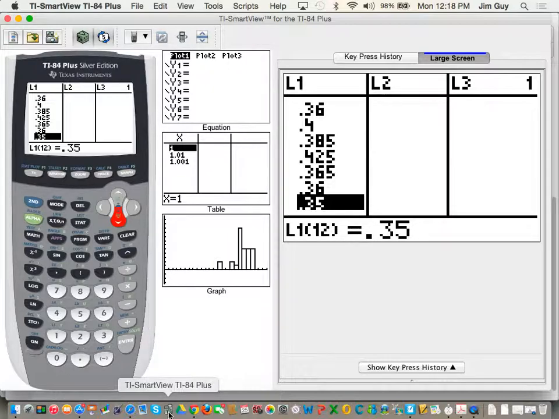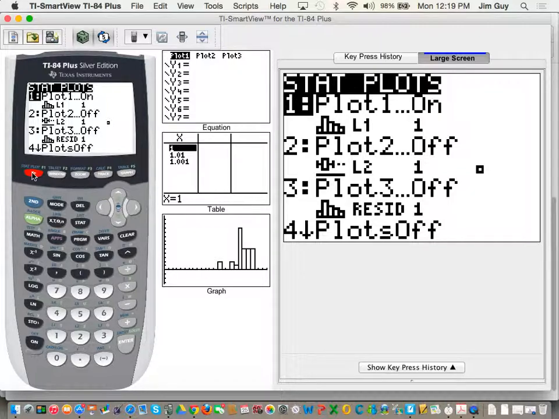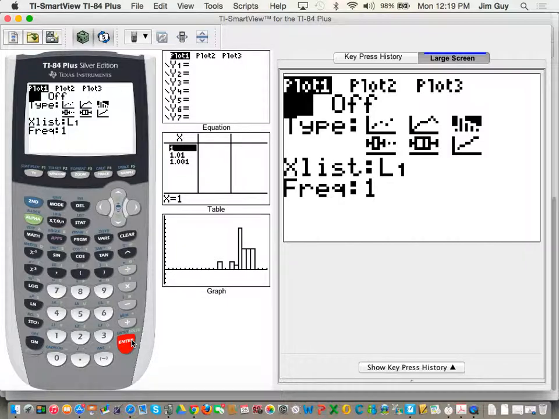Stat plot. So that's second Y equals, and then we're going to make sure to go up to the first one. We're going to make sure it's on. Okay, so it's on, and then we're going to go over to the histogram. Turn that on. And hopefully everyone put in their X list as L1. Frequency, just how many times does that repeat?